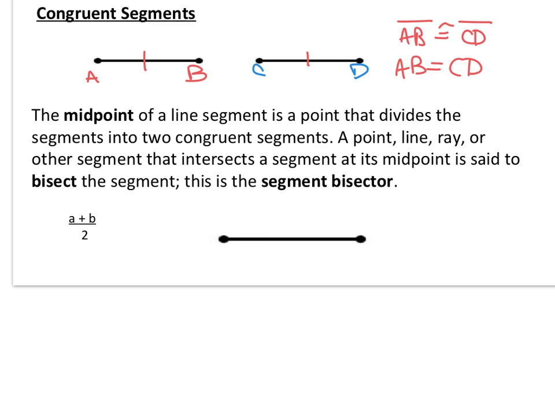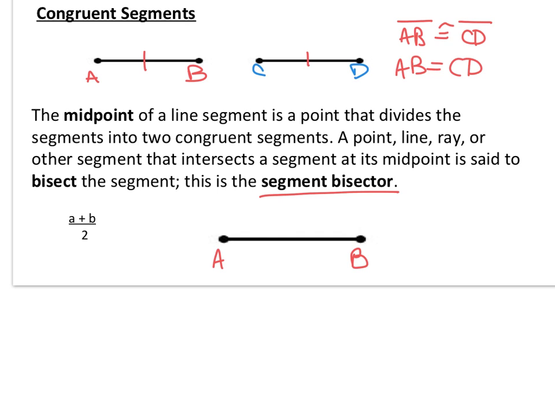The midpoint of a line segment is a point that divides the segment into two congruent segments. A point, line, or ray, or other segment that intersects a segment at its midpoint is said to bisect the segment or be the segment bisector. So let's say I have line AB. In order to find the midpoint, I would take the value of A, add it to the value of B, and divide by 2.